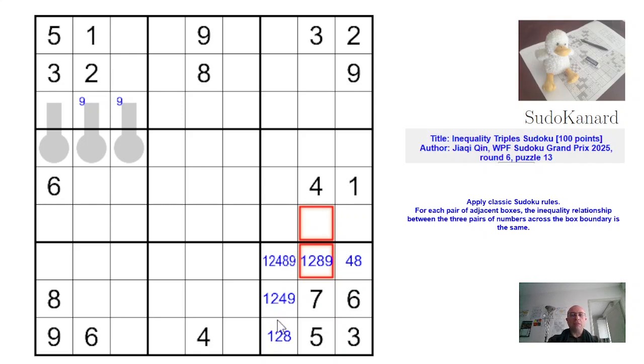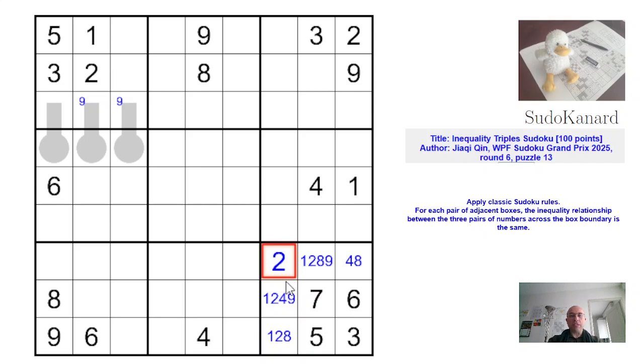So 1 and 9 cannot be both on the same side, and therefore none of them can be here, because if one of them were here, then they would be both on the same side. And what I failed to find during the contest is that with this arrangement, 2 and 8 are both forbidden from this cell. So why is it the case?